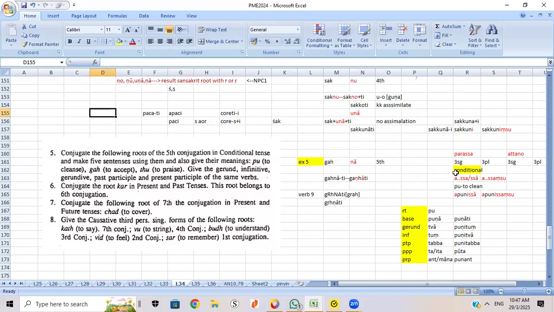Apparently, in some dictionaries you have something like that. This is part of the conjugation in the Burmese one. The Burmese one is not only 7 conjugations, they have 8 conjugations.